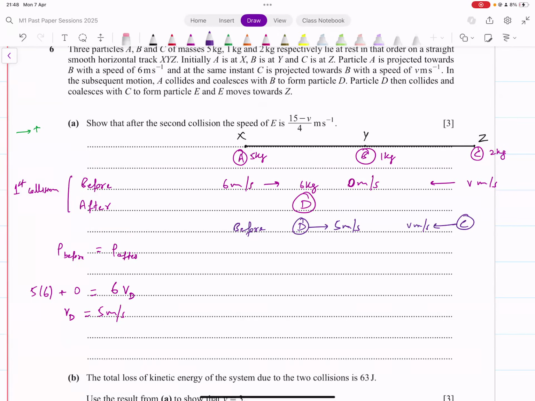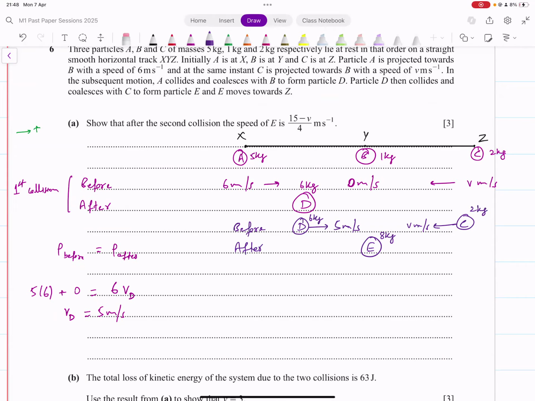After the second collision they coalesce and become a single object E. The mass of E would be the total mass, which is 8 kilograms. D was 6 kilograms and C was 2 kilograms.